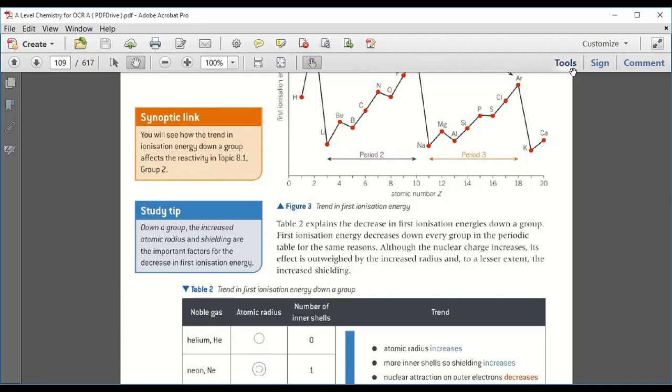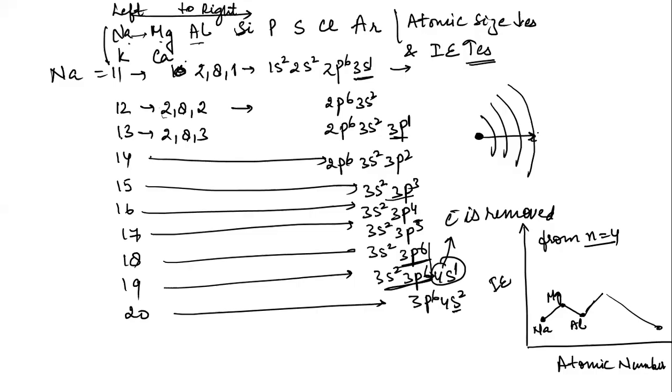If you see this pattern, wait. Now see, the increase in the nuclear charge: 11, 12, 13, 14, 15, 16, the number of protons is increasing. It means on the nucleus, the number of positive particles is increasing, so it should provide more force of attraction. But this nuclear charge increase is outweighed, in this case from 18 to 19, by the increment of the shell.